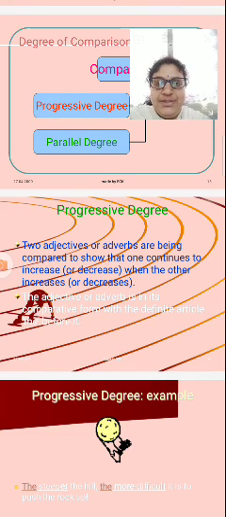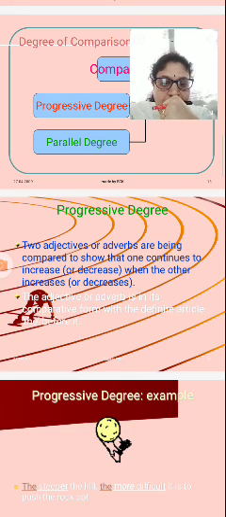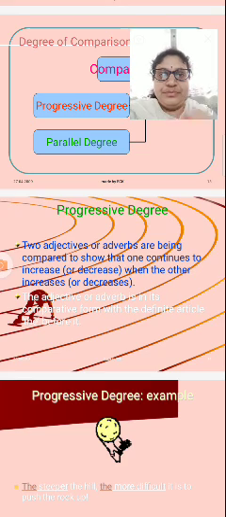So the progressive degree is where two adjectives or two adverbs are being compared to show that one continues to increase or decrease when the other increases or decreases.